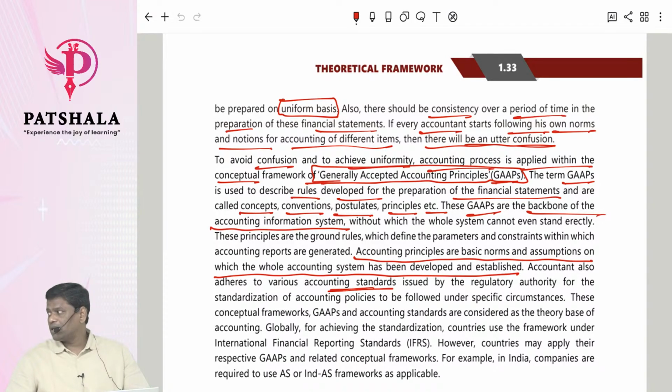Generally accepted accounting principles are developed. Stop. These are the backbone of the entire accounting system.